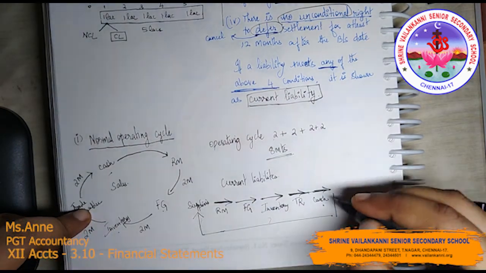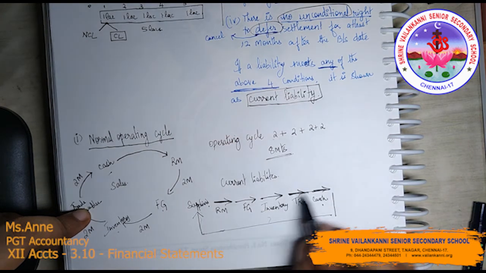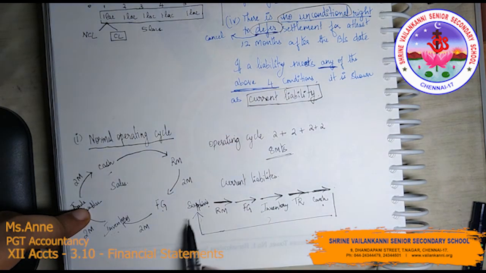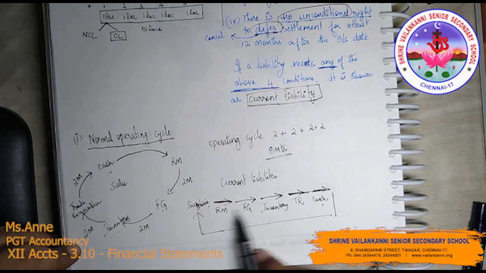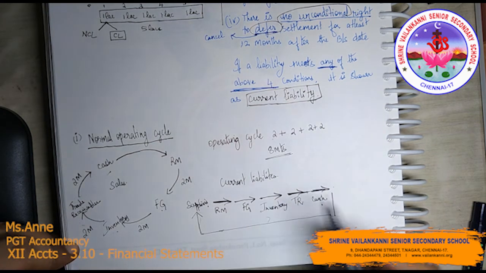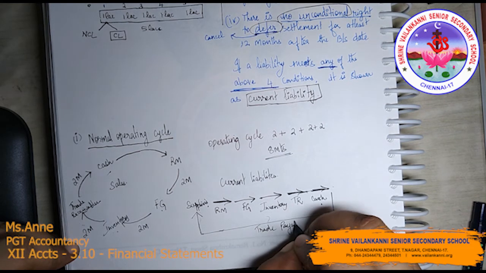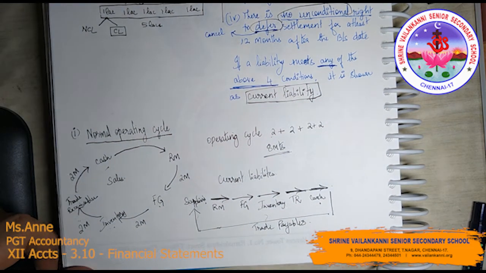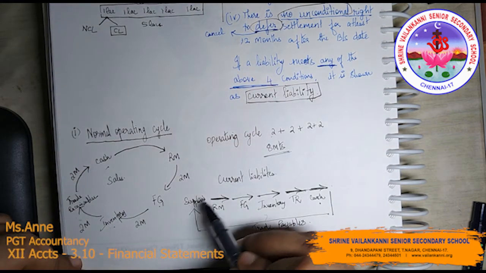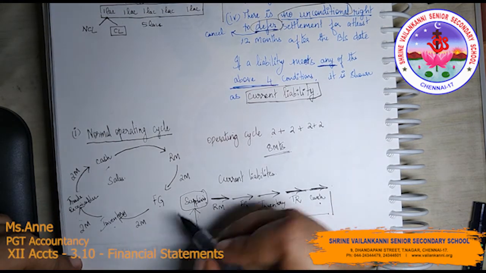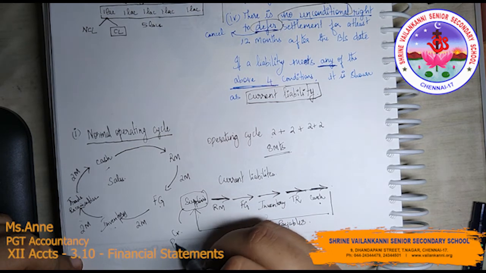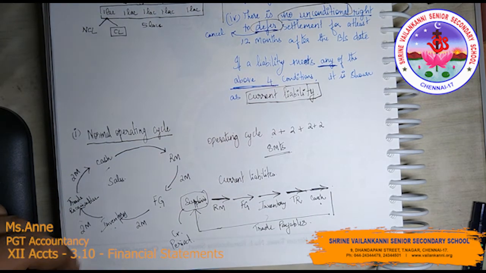Okay, so from this we are having a time gap to settle the supplier. This time gap is called as the trade payables. Most of the cases the supplier will give us a credit period. Within that credit period we are supposed to make the payment.